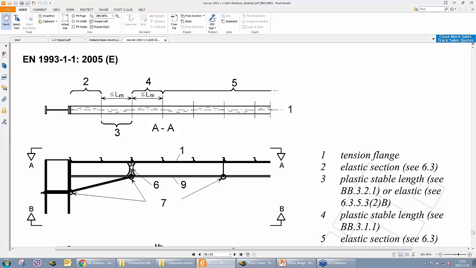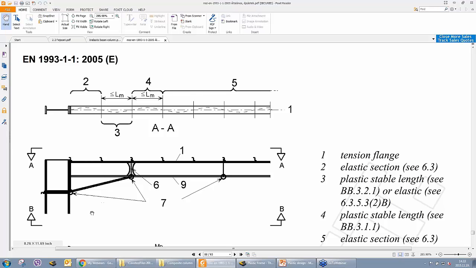And we have to check also the whole segment between the plastic hinge and the first torsional restraint as well. And this is this LS value here for the uniform segment and here for the tapered or hinged segment. So two types of checks should be done on both sides of the plastic hinge.